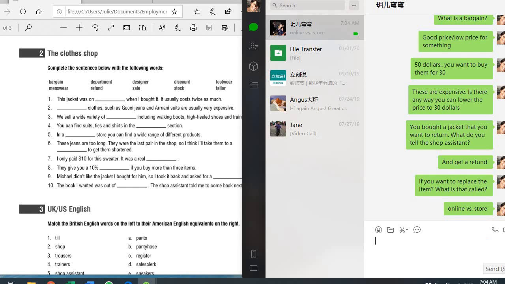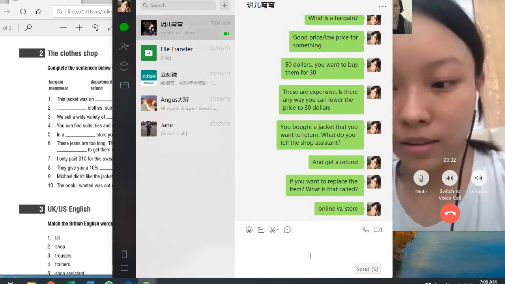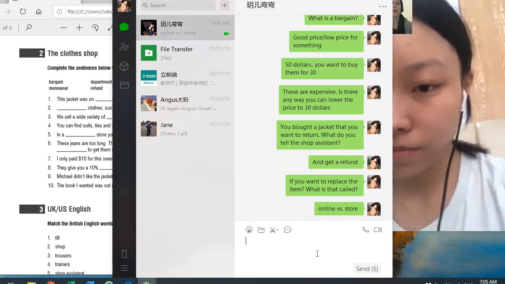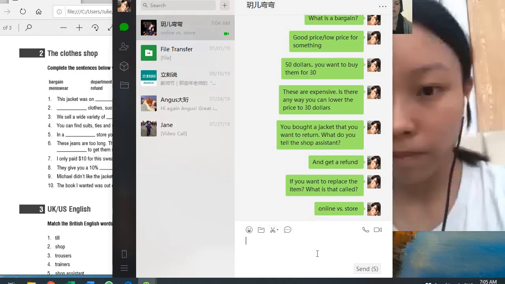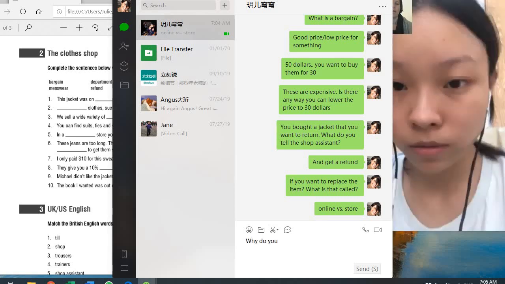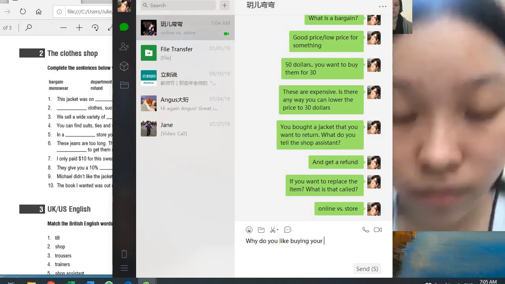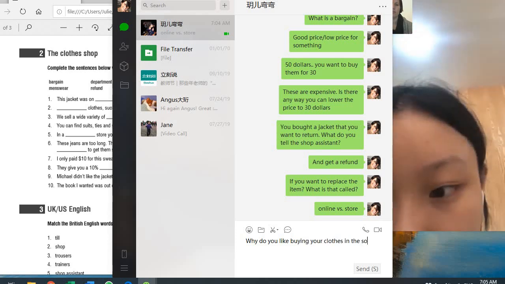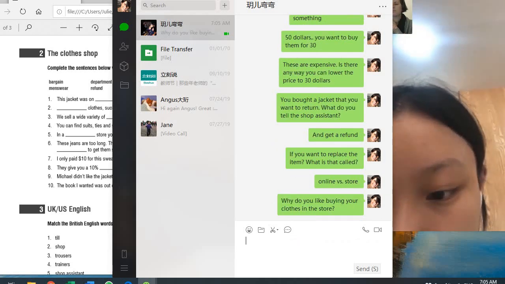And I like to buy other things, something I can't find in the store, online. And why is it better to buy clothing in the store? Why do you like buying clothing in the store? Why do you prefer that?